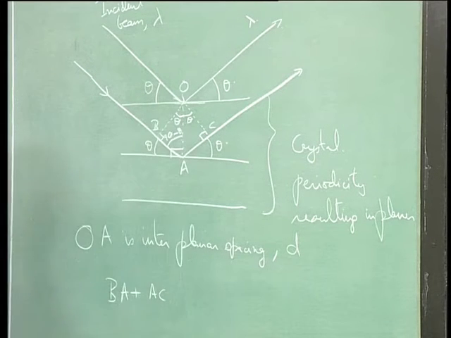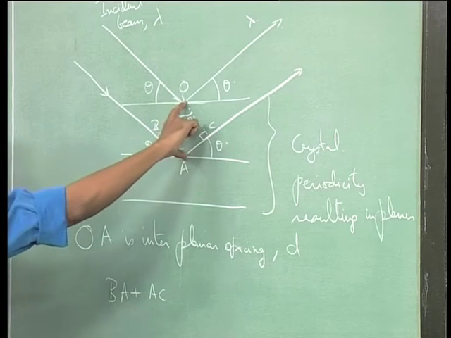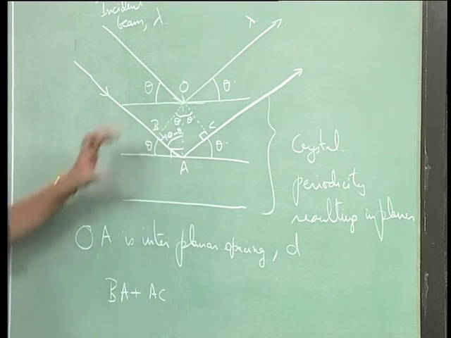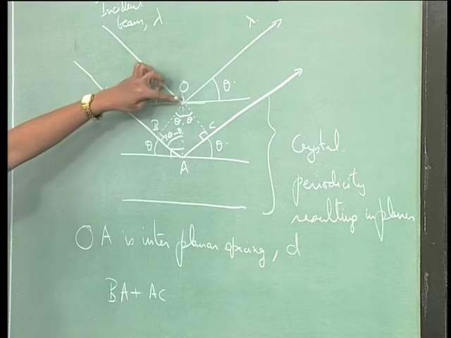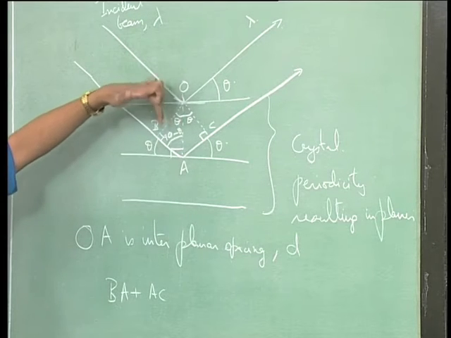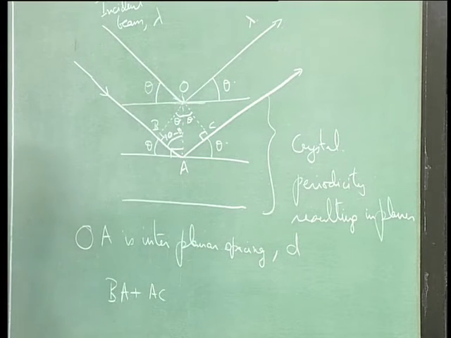therefore that is theta. So if OA is the planar spacing D, then the AB is simply D sin theta. That is a straightforward trigonometric relationship.